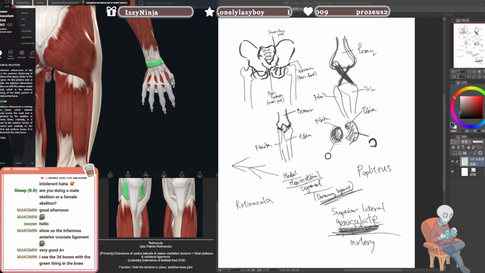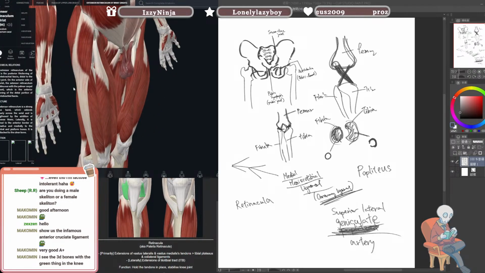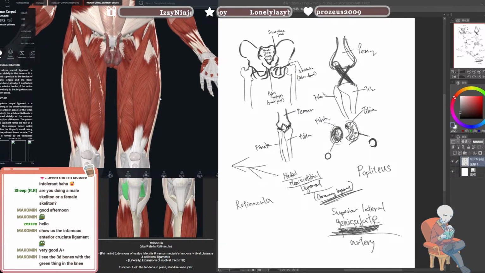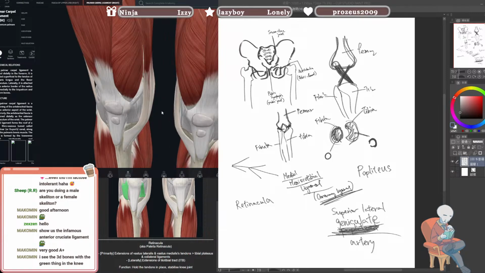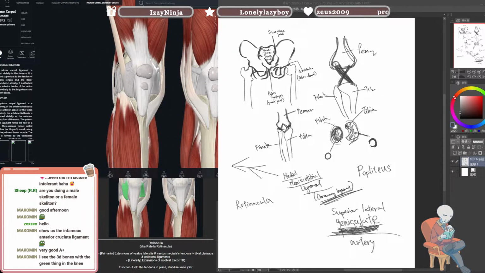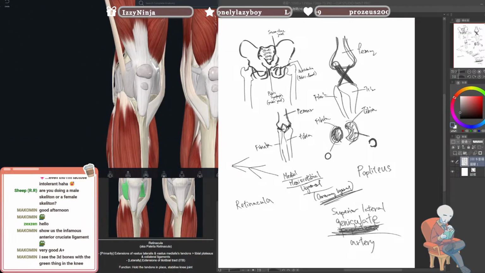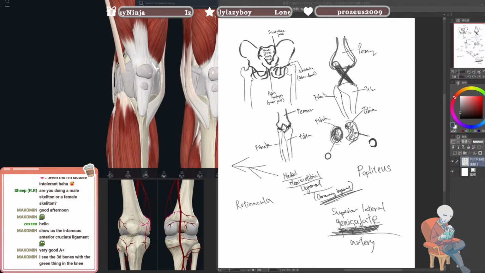But it doesn't say this in this app. Oh, it says extensor retinaculum, but not flexor retinaculum. Interesting. But the point is that I failed this question as well. Okay, next one.